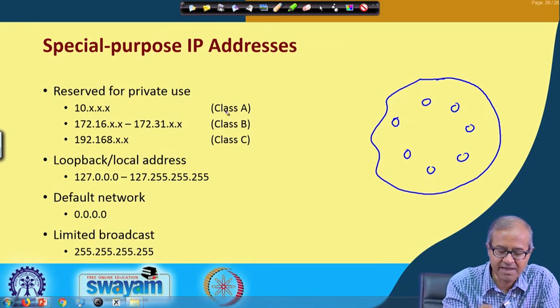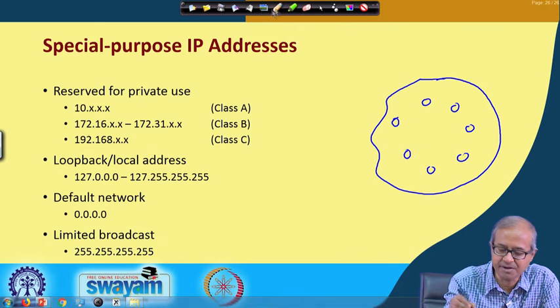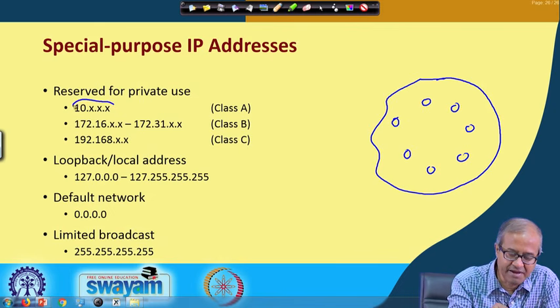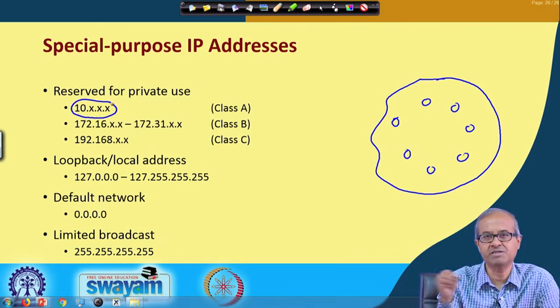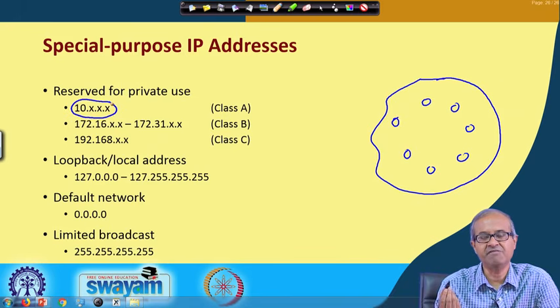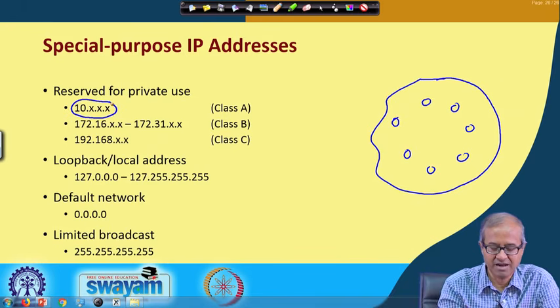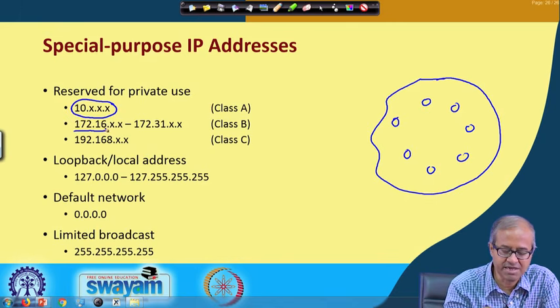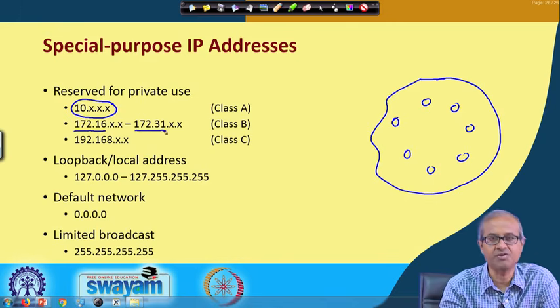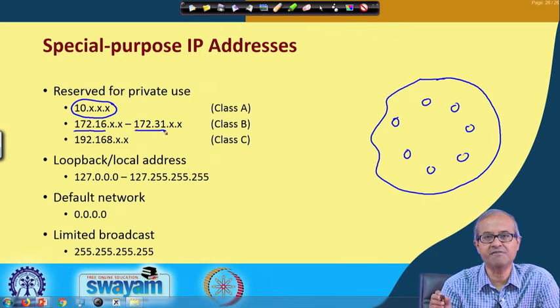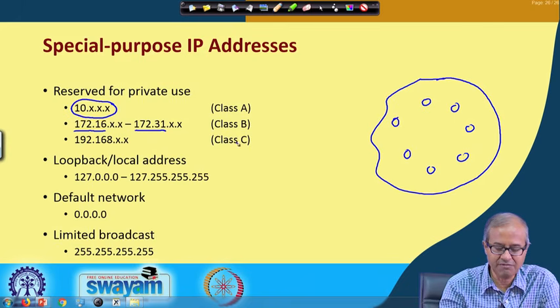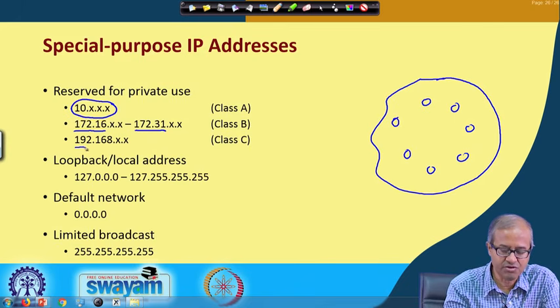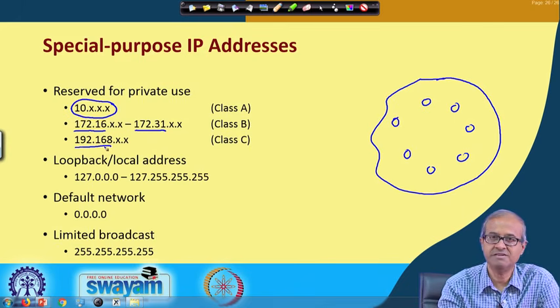Like for class A, any address that starts with 10 dot something is a private class A IP address. For class B, there are actually 16, 172.16 to 172.31. There are 16 such private class B networks. Similarly, for class C, 192.168 is a private class C network.